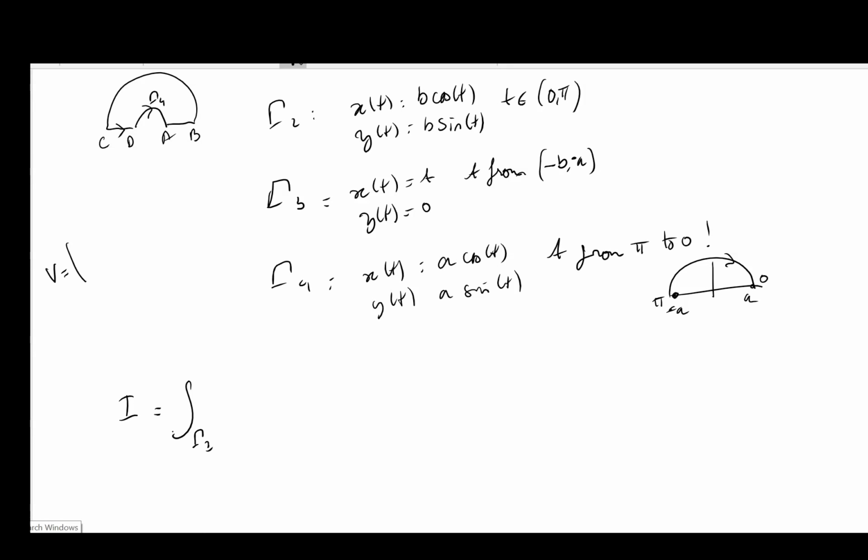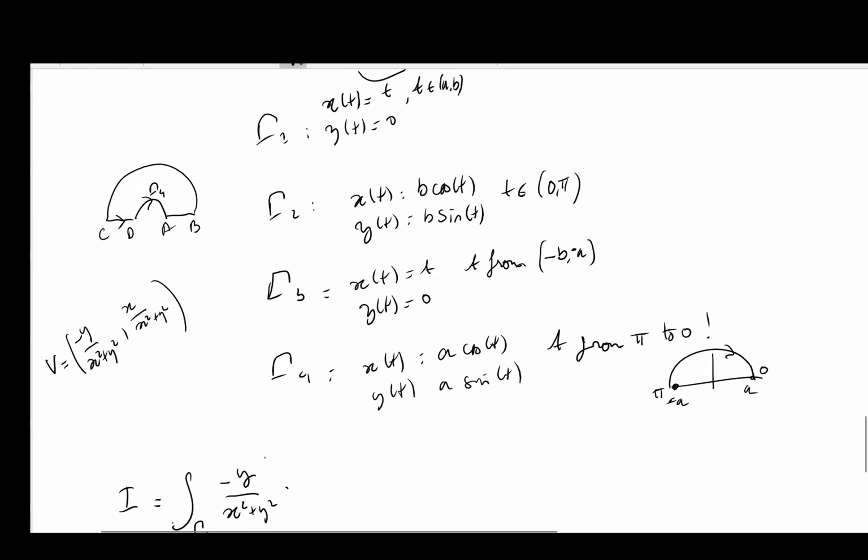V was equal to minus y over x squared plus y squared, and x over x squared plus y squared. So on gamma 1, I'm going to get minus y over x squared plus y squared times x prime. And we said gamma 1 was just t.